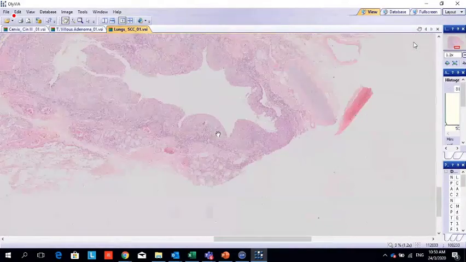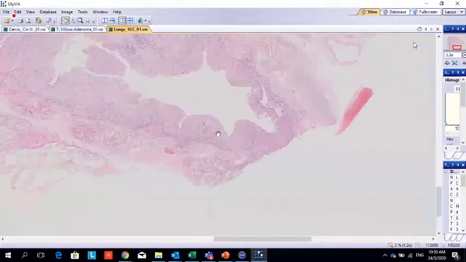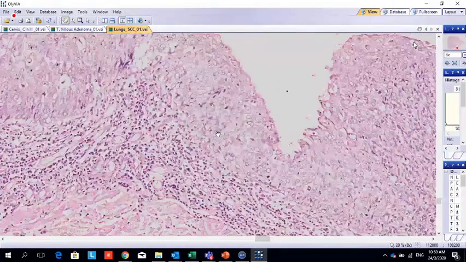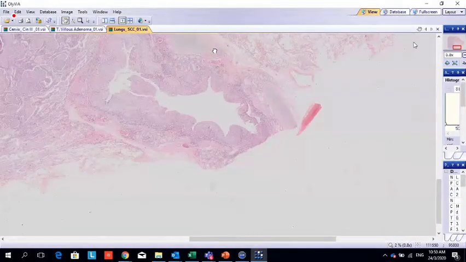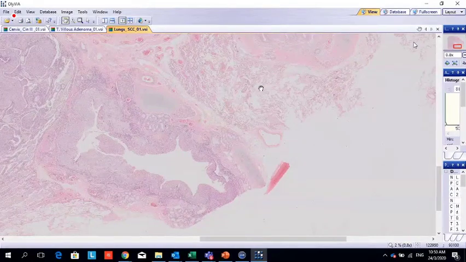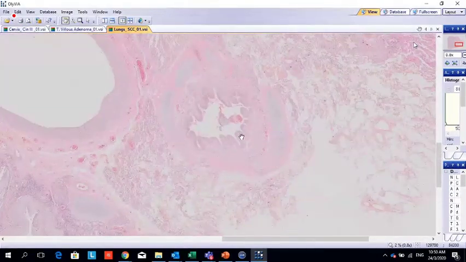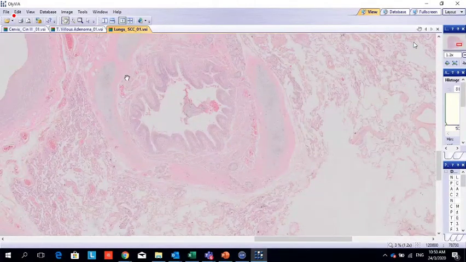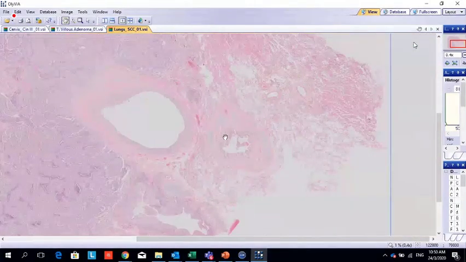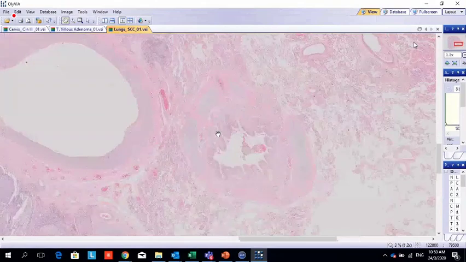So what happened in the epithelium? Is it normal epithelium? Okay, I will show you the normal one. Here, like what we have. Okay, look at here. This is another bronchus. How do you know it is a bronchus?